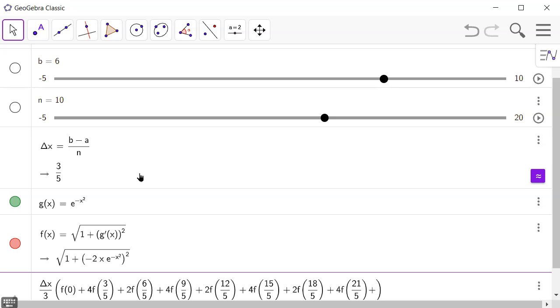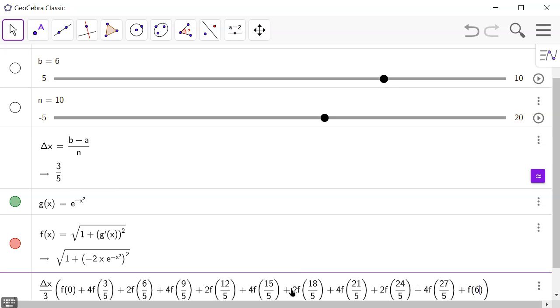And next one is 2 times f of 24 over 5, and next one is 4 times f of 27 over 5, and I think the last one is f of 30 over 5, which is 6, so that we start from 0 and go to 6.